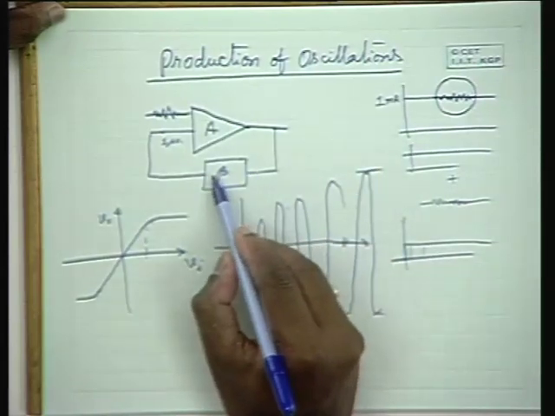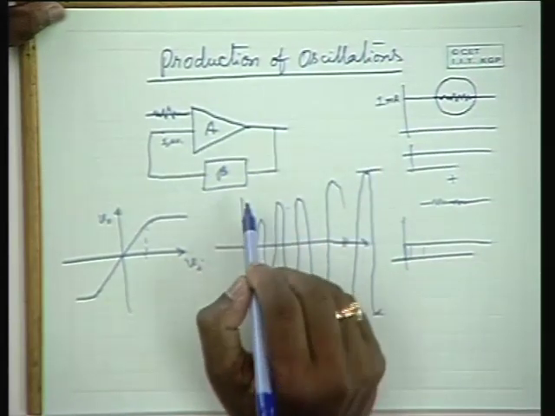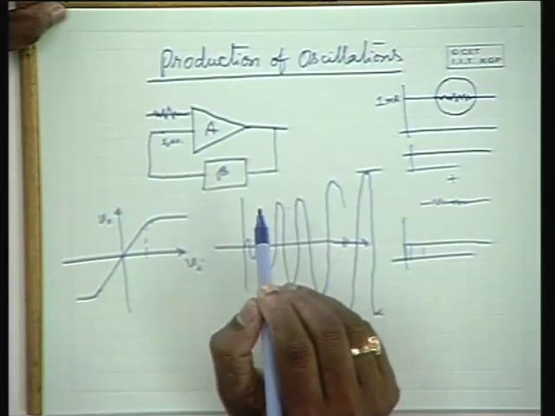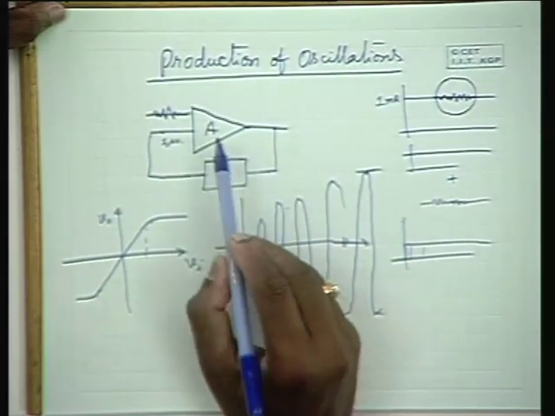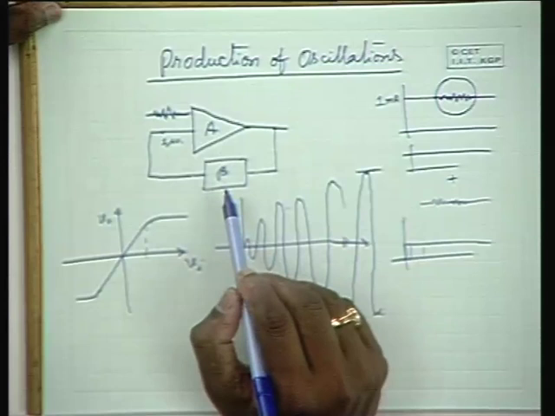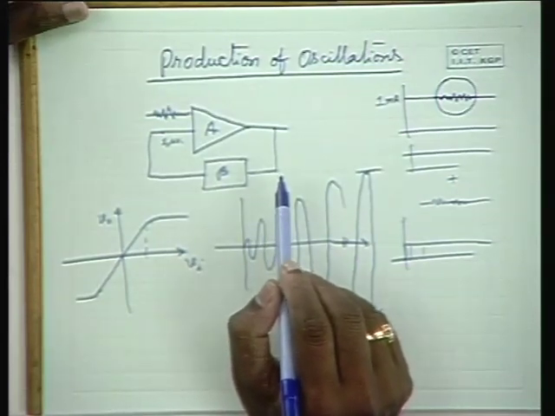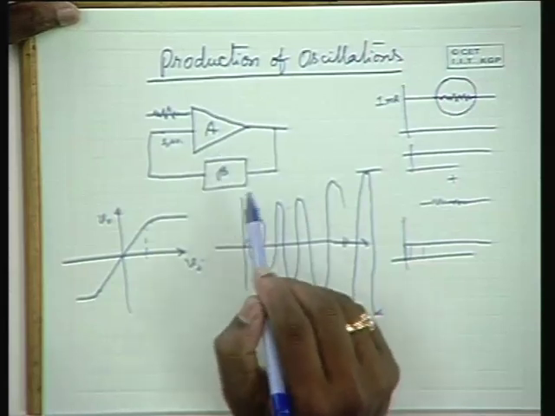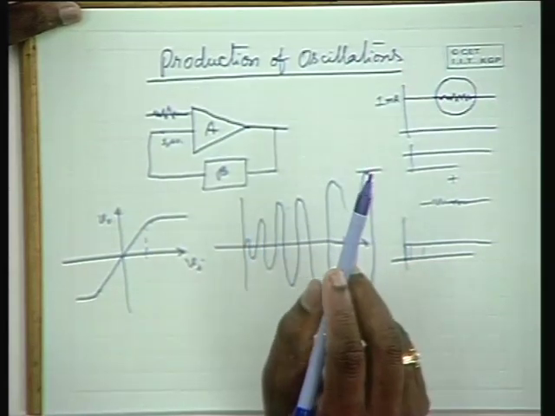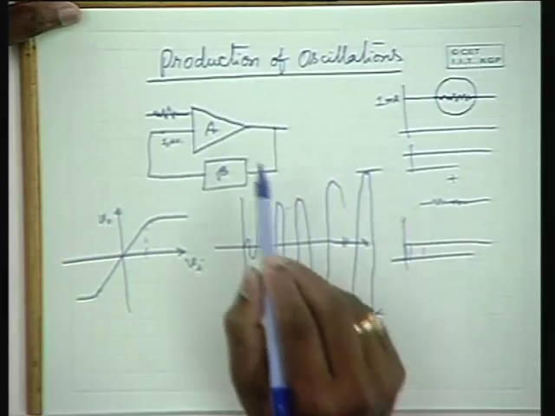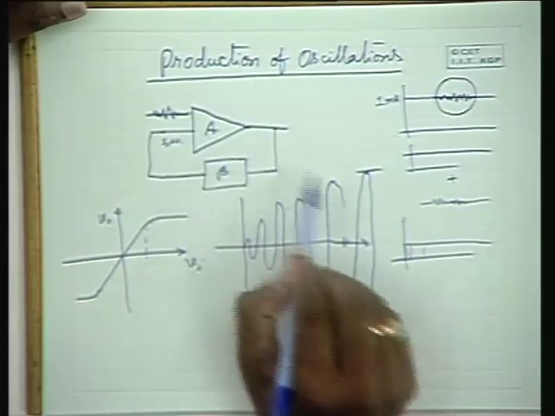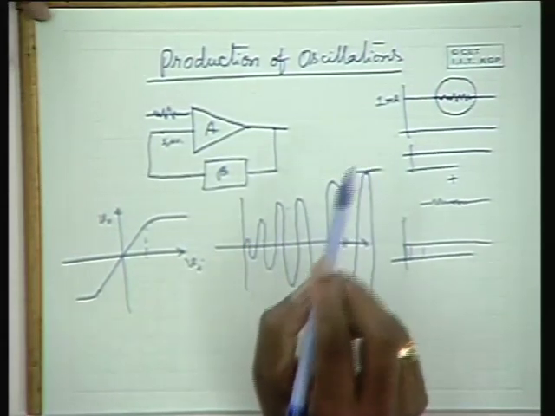But please note that the networks A and beta are frequency sensitive, and they have different gains and different attenuation at different frequencies, and that A beta equal to 1 is also satisfied only at one frequency out of these two. So at that particular frequency only you will find oscillations sustaining.